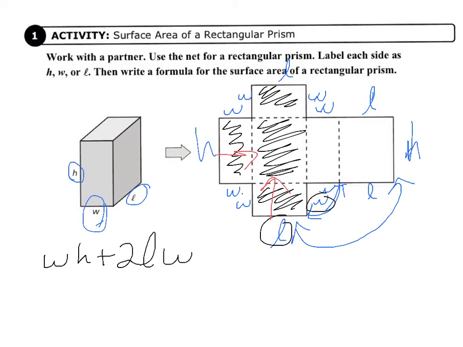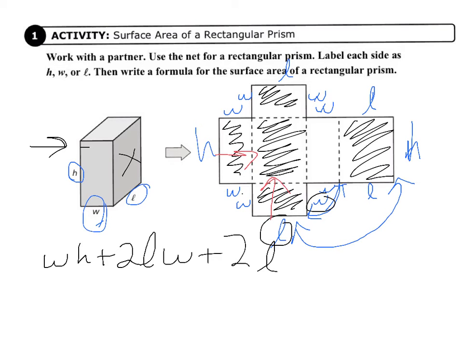So we're going to add that, but there's another one down here that has the same area. So there are two of those, which makes sense because there are two sides to this prism or this box. There's one over here and there's one back here that we can't see in the picture. So there's two of those. So that would be 2 times length times height.